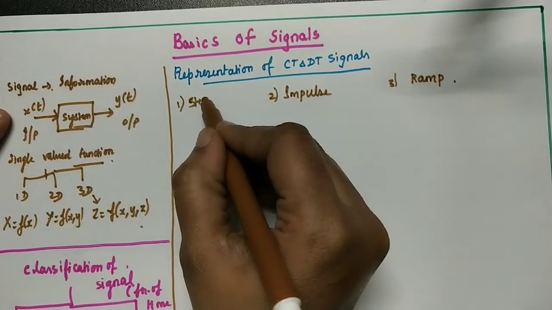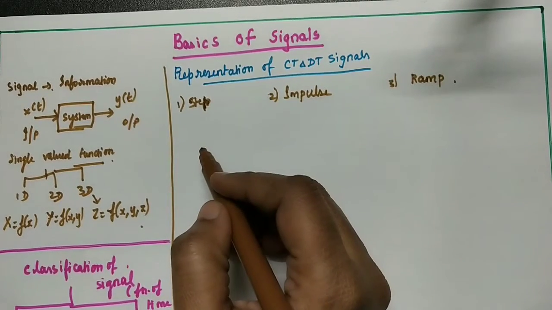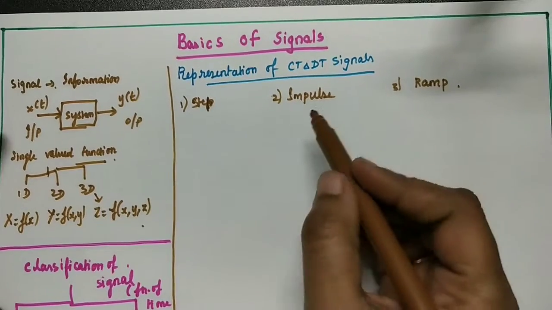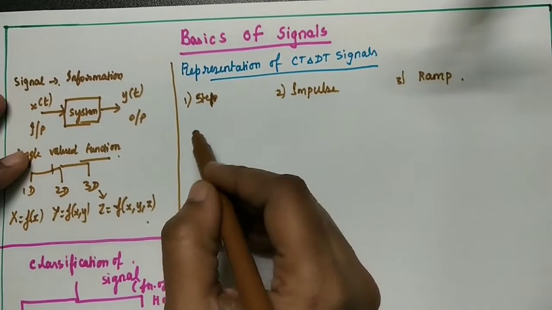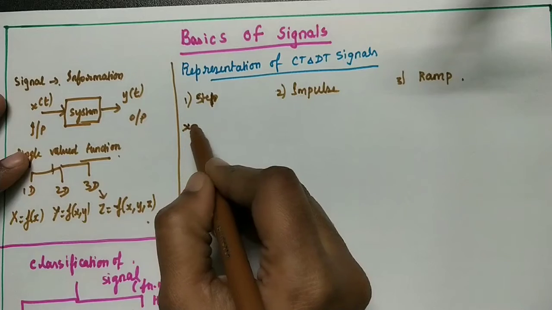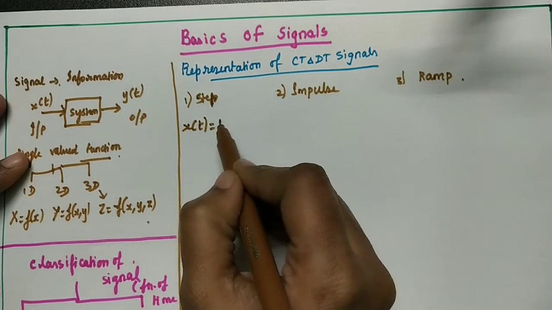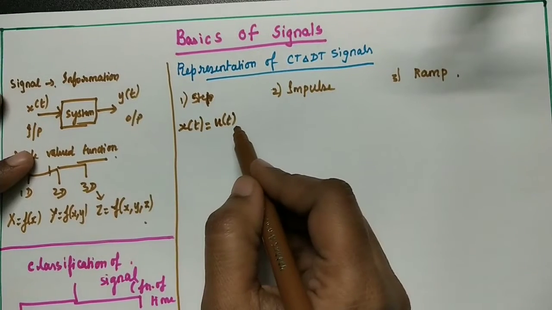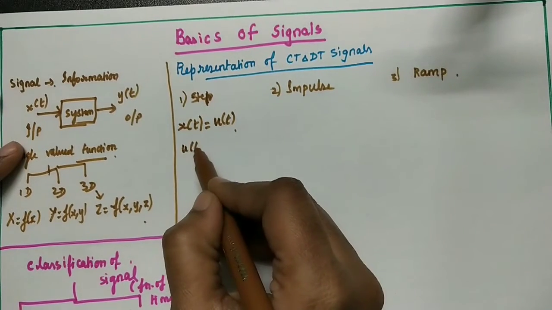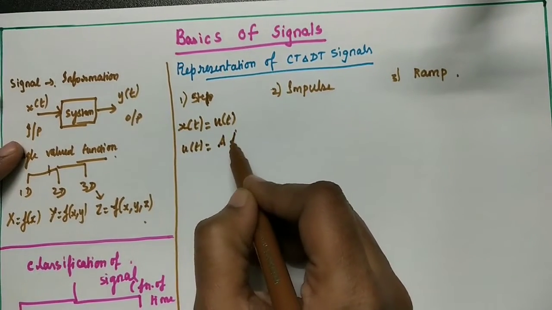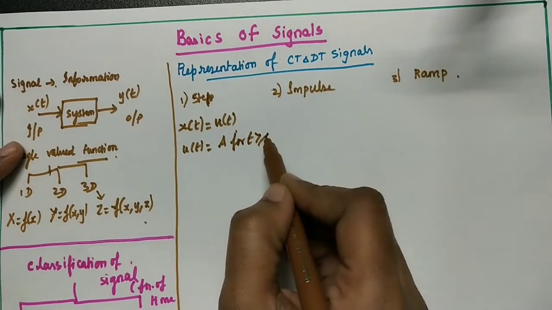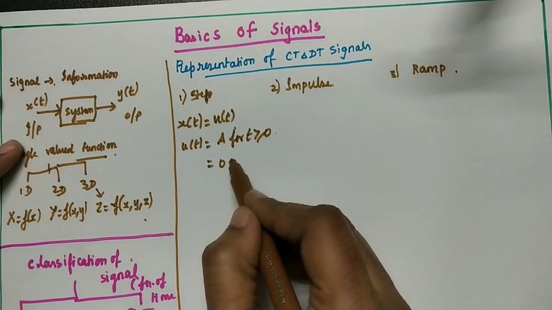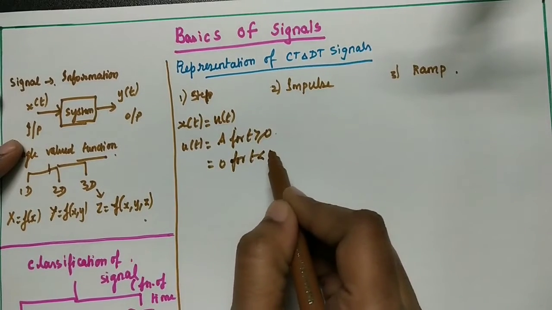Let me study the representation of the step signal for both continuous time and discrete time. The step signal can be represented as x of t equal to u of t, where u of t equals a for t greater than or equal to 0, and equals 0 otherwise, for t less than 0.